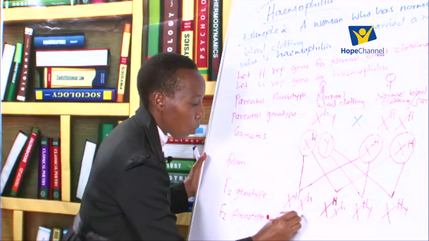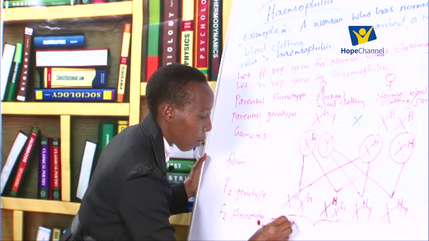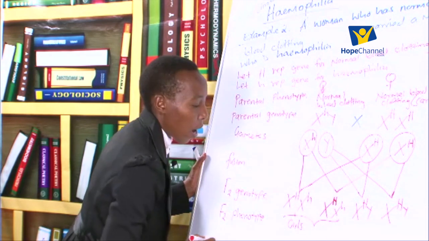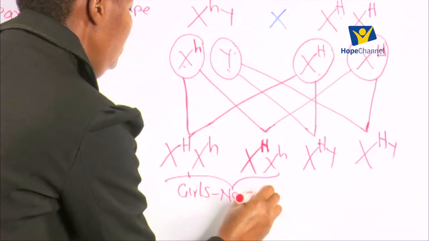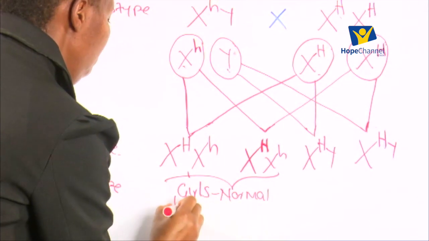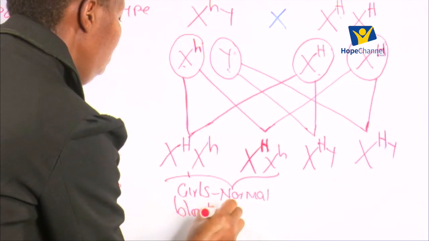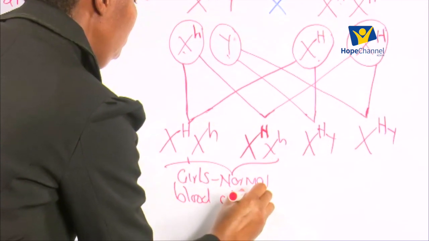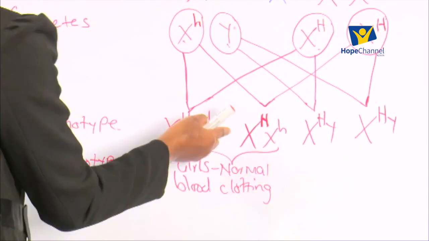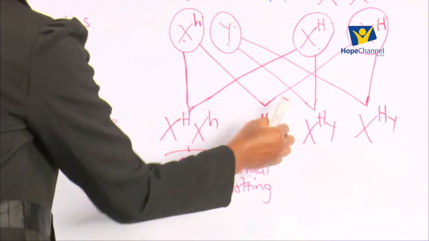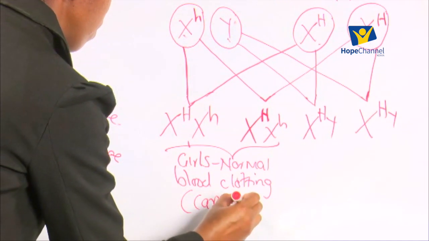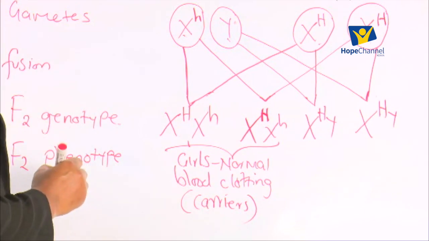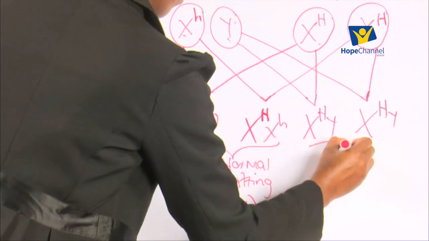So these two are girls, and these two girls have a normal blood clotting. But because of the recessive gene, we say these people are carriers. Now, these two are what?